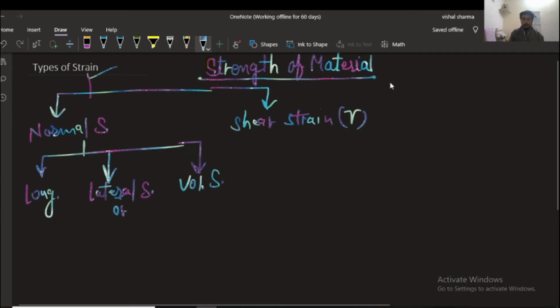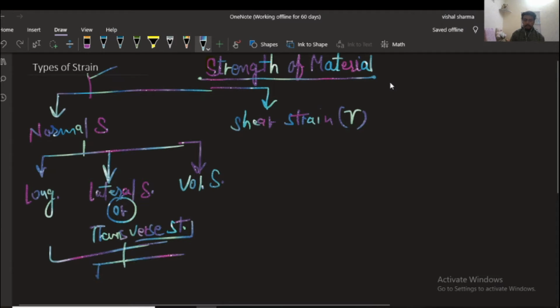Lateral strain can be termed as the transverse strain also. All of the three types of strain can be further divided into two parts: the tensile strain and the compressive strain.